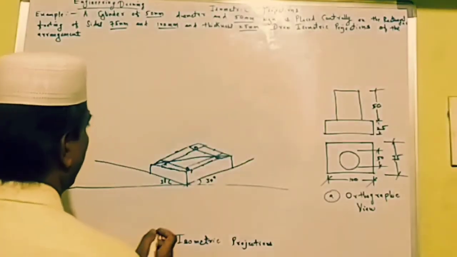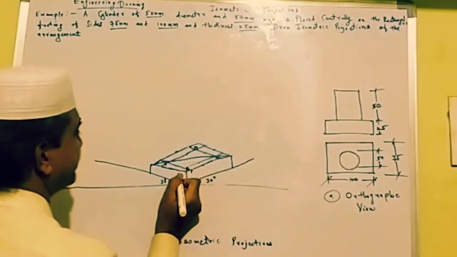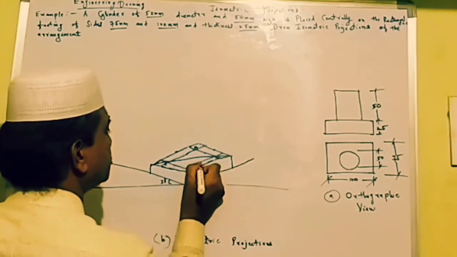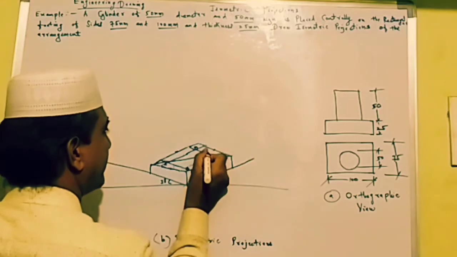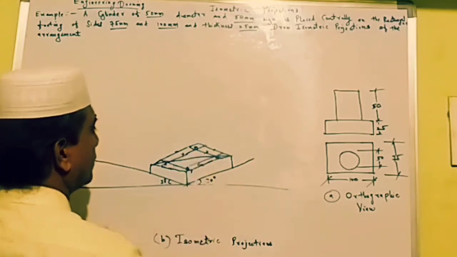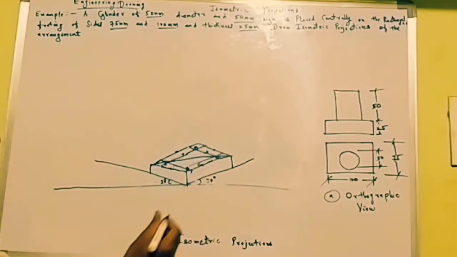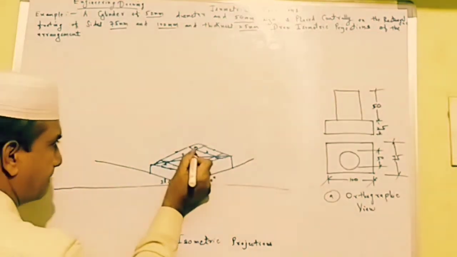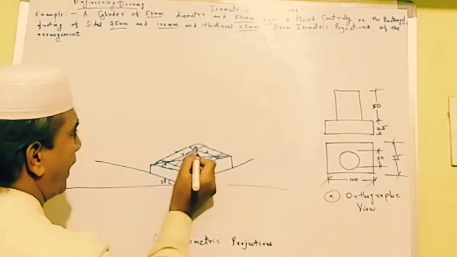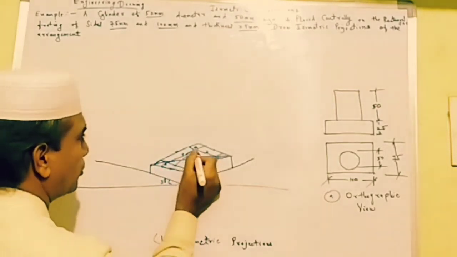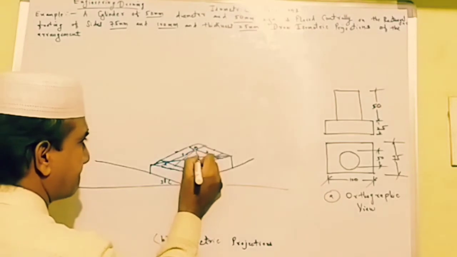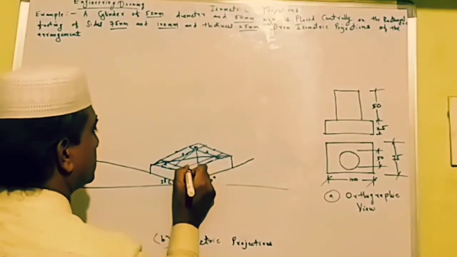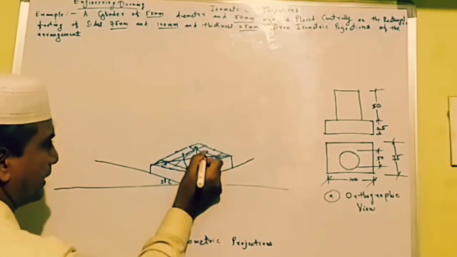Now we shall give names 1, 2, 3, 4. Now we shall join D to 1. Now D to 2. Now we have to join D to 4. Now we have to join D to 3.